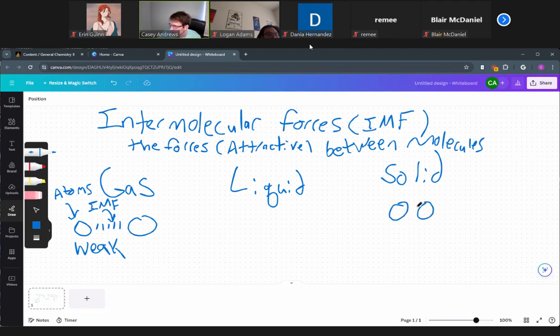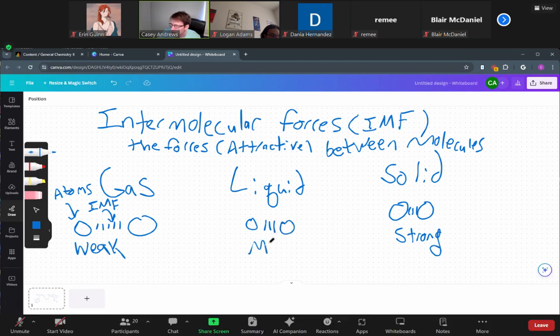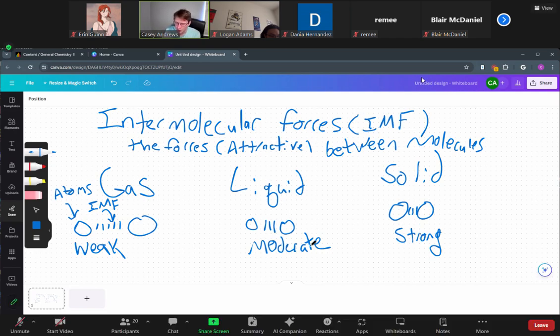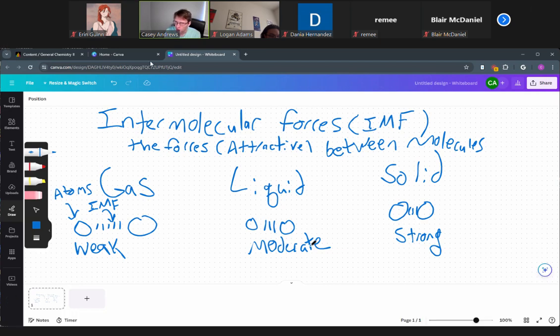In a solid, they are very strong. In a liquid, they are moderate. So when we're thinking about the forces between atoms, gases have the weakest forces. Solids have the strongest intermolecular forces. Liquids are between the two.